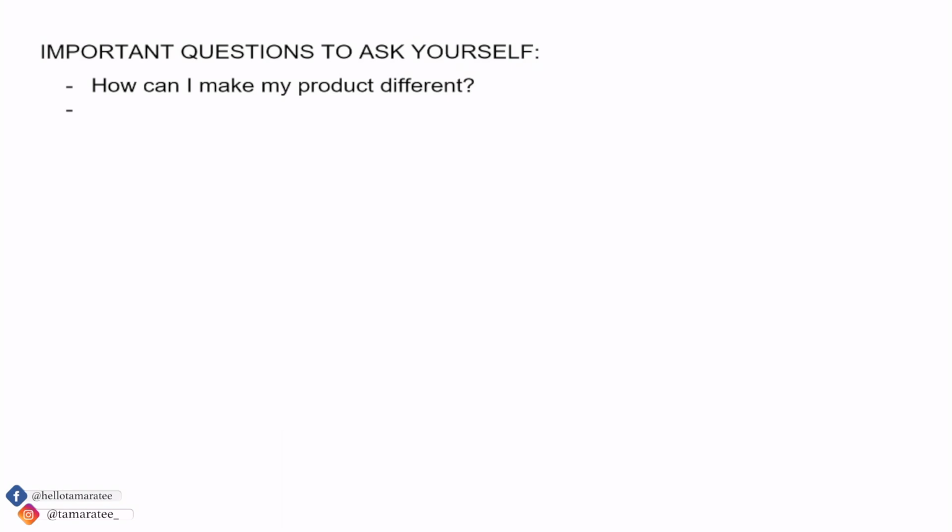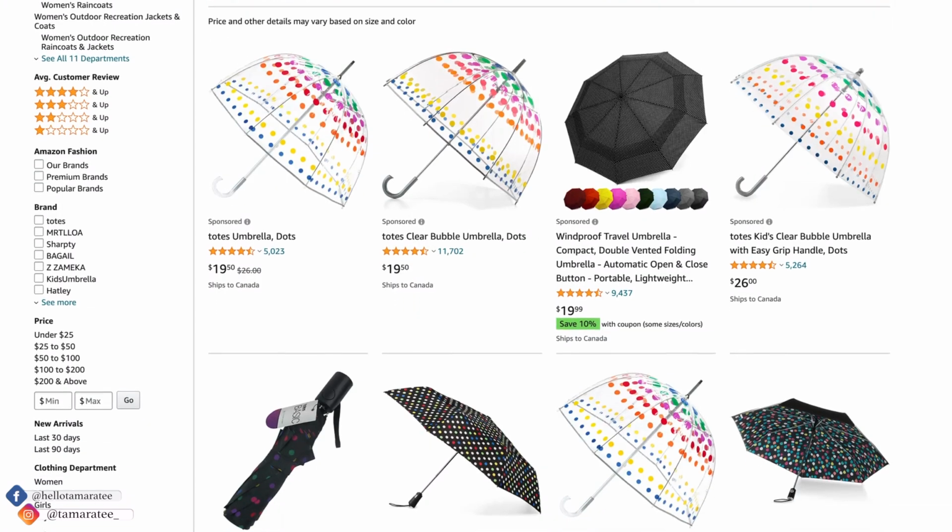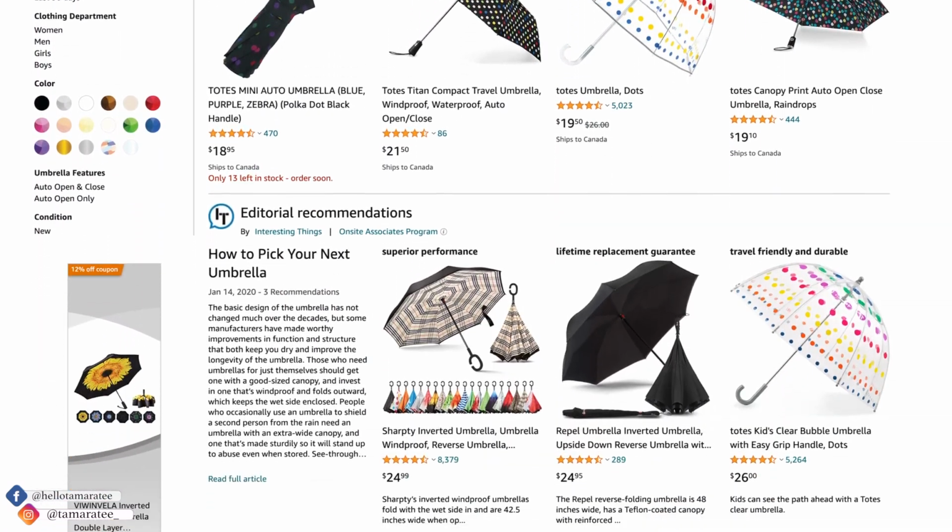Next question to ask yourself is, is there enough money on the market for you to make any money? So for example, if you are trying to sell something that is really unique, let's pretend it's a polka dot umbrella for dogs.